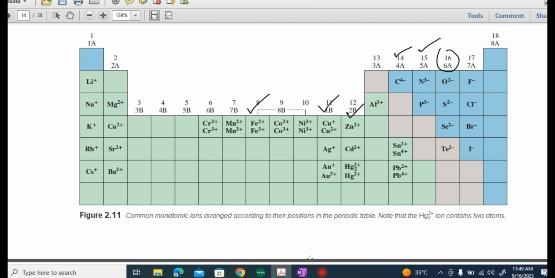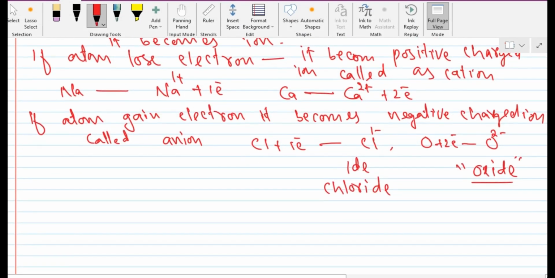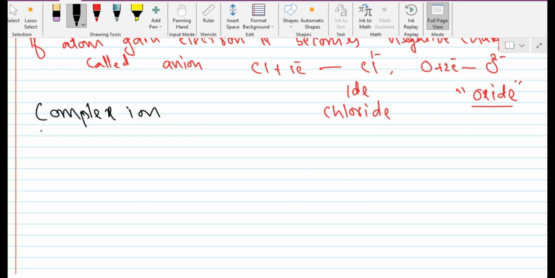Now it is time to learn about some of the complex ions as well, and also remember what a complex ion is. Sometimes it is also called a radical or compound ion.